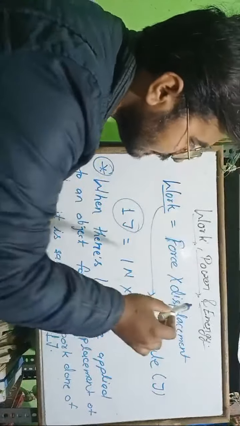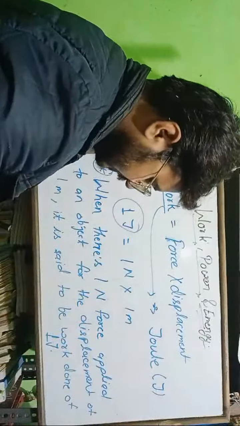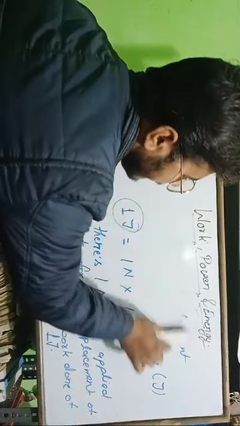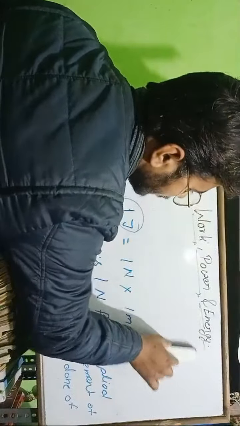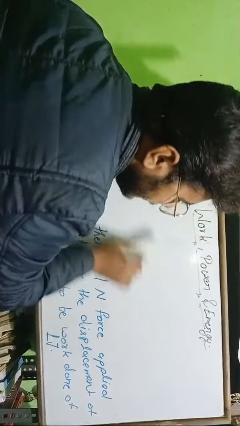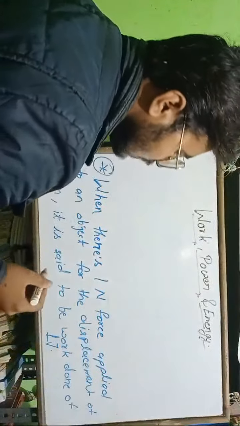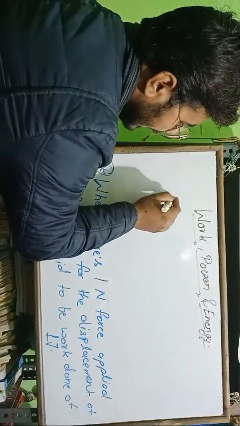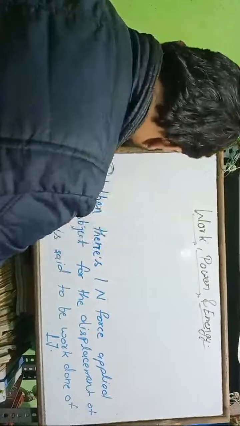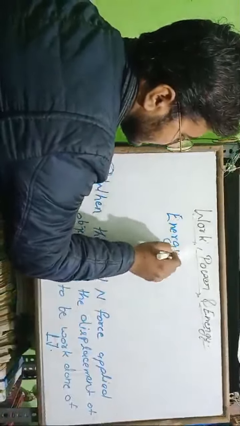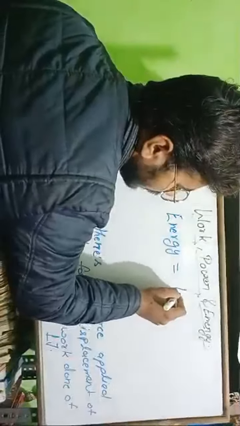The next thing that we have to understand is about energy. So let's see what is the SI unit of energy. Basically what we have studied on the last working day is that energy is equivalent to work.